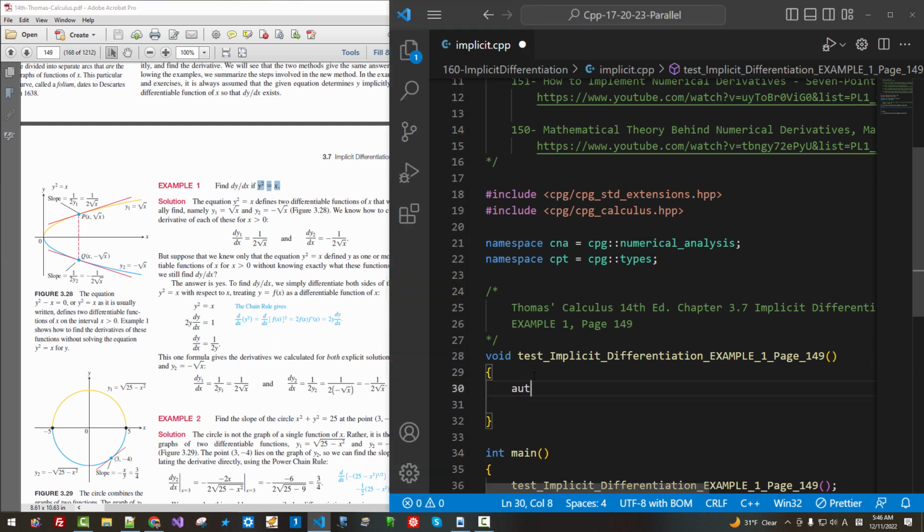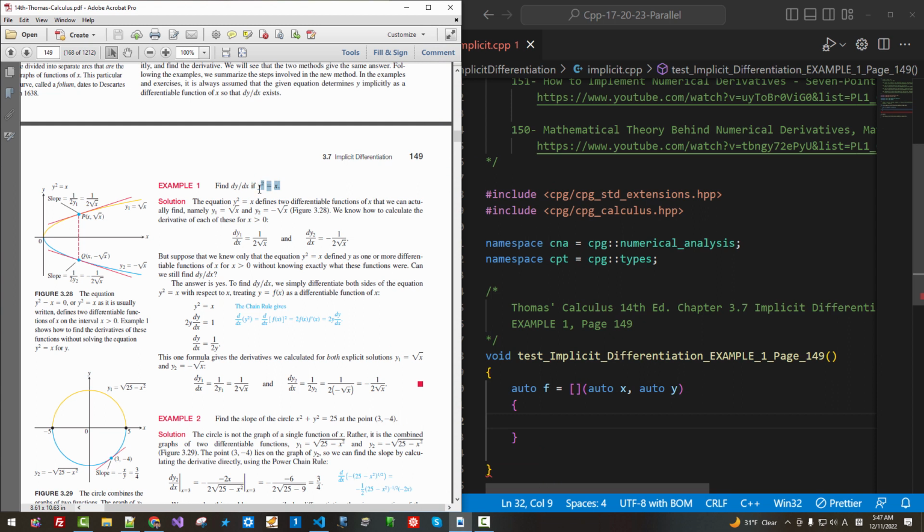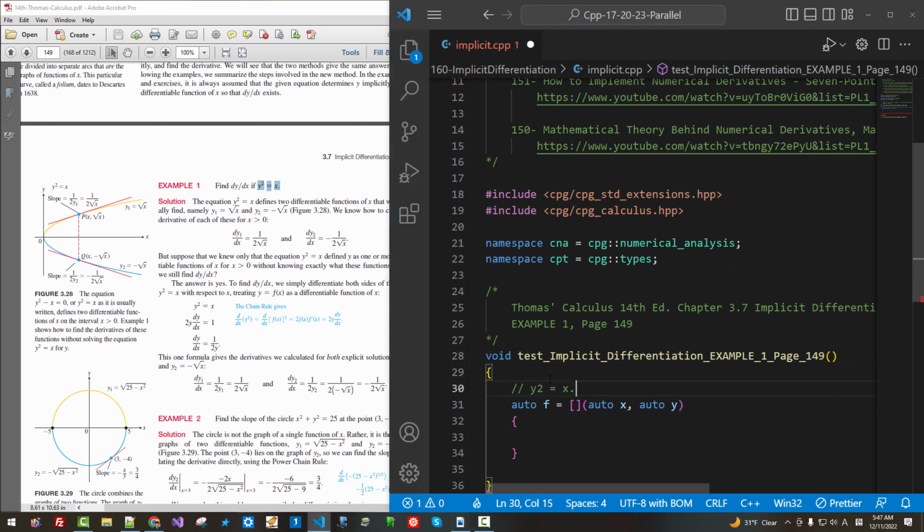Here, auto f. We take auto x, auto y. This equation y squared equals x will be represented f(x, y) equals x minus y squared.